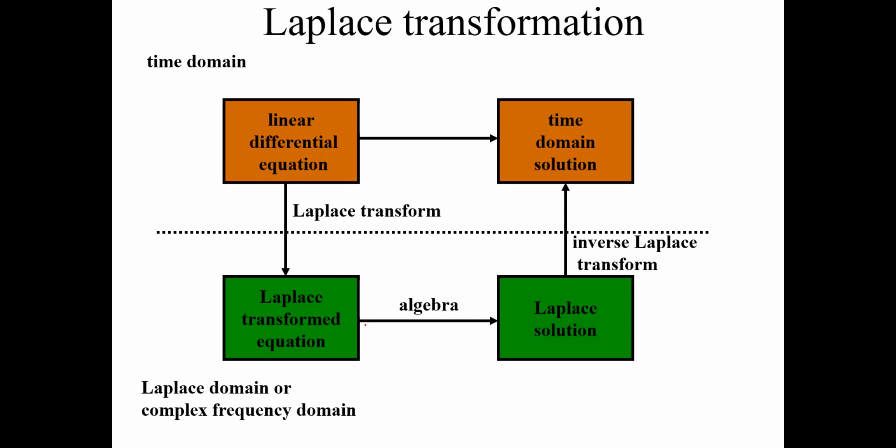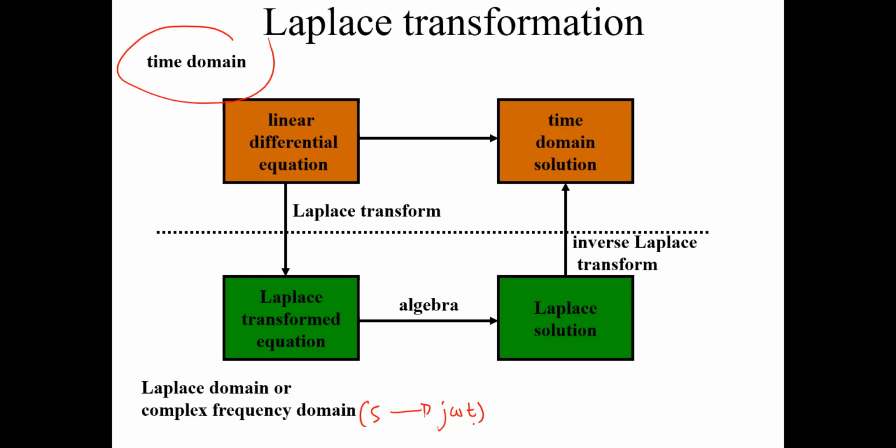If we have a linear differential equation in the time domain, so the differential equation must be linear, we can use a Laplace transform. And this is in the time domain. So we transform it to the S domain, or the complex frequency domain. This is the S, complex because S is j omega t.